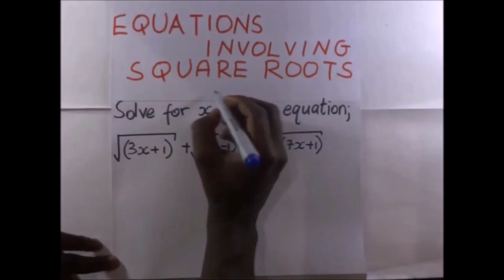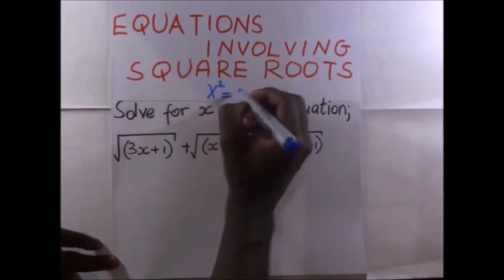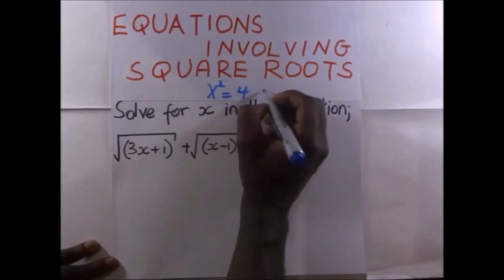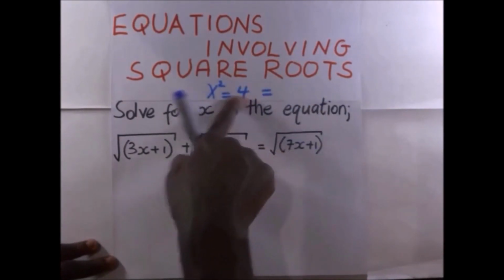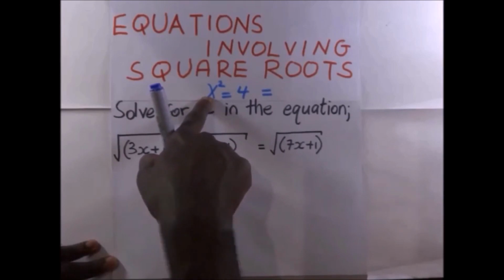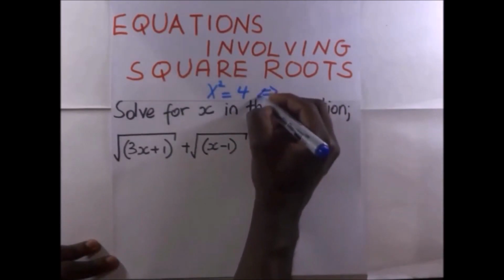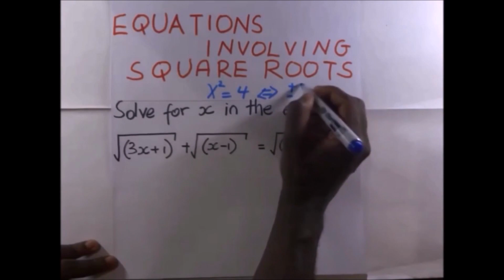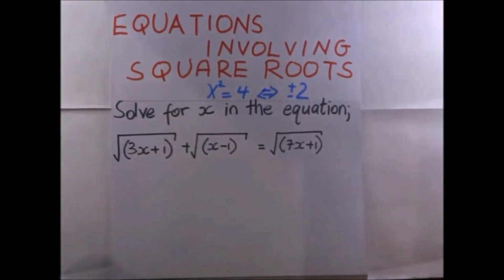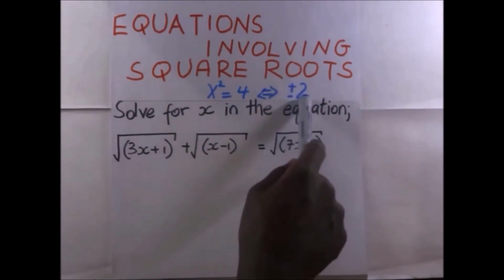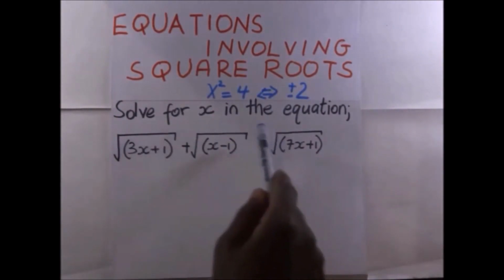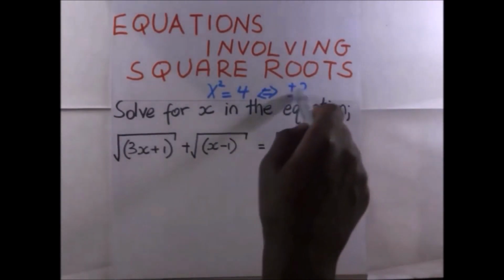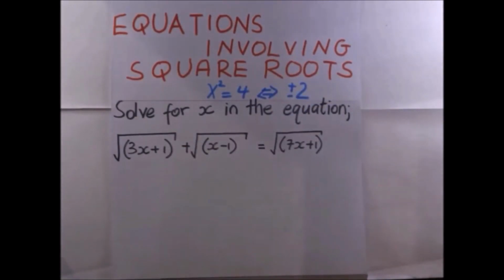For example, if x squared is equal to 4, then if we find the square root of both sides, the value of x is going to be either positive or negative 2. So the extra solution here is the negative 2.